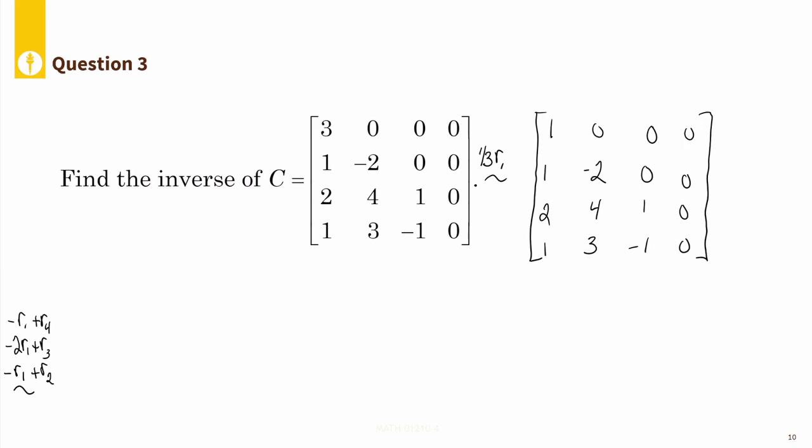It'll be -1 for row 2, -2 for row 3, and then -1 for row 4, right? One, 0, 0, 0. And because everything else in row 1 is a 0, nothing else changes.